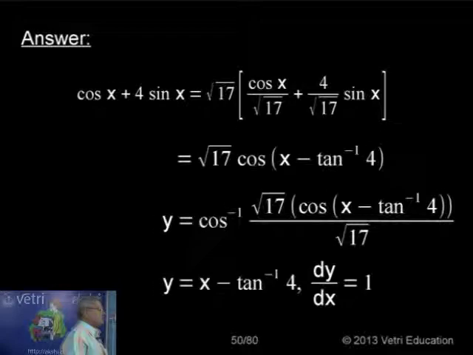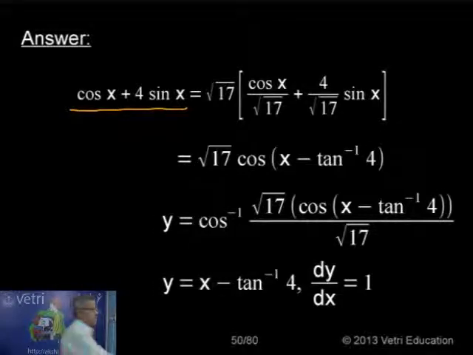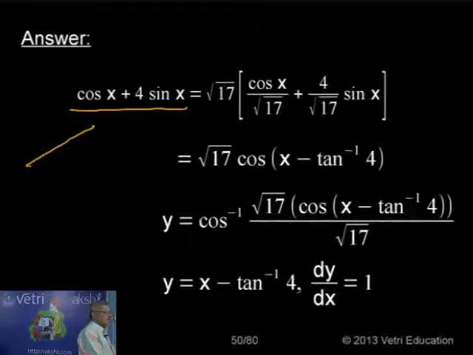Now see here. You take cos x plus 4 sin x. Multiply by root 17 and divide by root 17. So this is in the form 1 by root 17 cos x plus 4 by root 17 sin x, times root 17. Suppose you take a triangle in which the sides are 1 and 4.